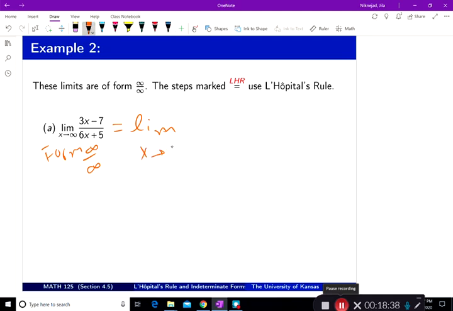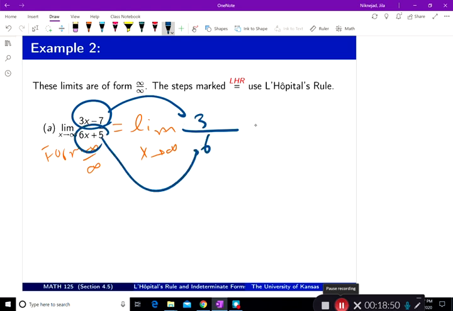So first you put the x going to infinity, and the limit, then you take the derivative of that part, derivative of that is 3, derivative of this is 6, so the answer is 1/2, which is what you expect because the leading coefficient on the top is 3, the leading coefficient on the bottom is 6, and as x goes to infinity, the degrees of top and bottom are the same.